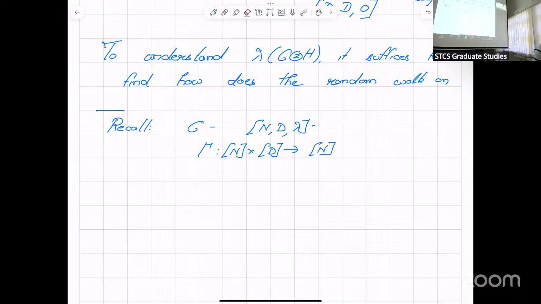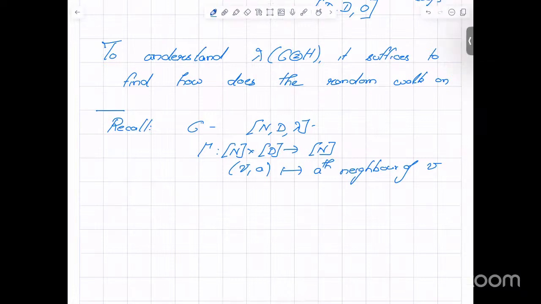Basically this maps v comma a to the a-th neighbor of v. That's the usual neighborhood map.